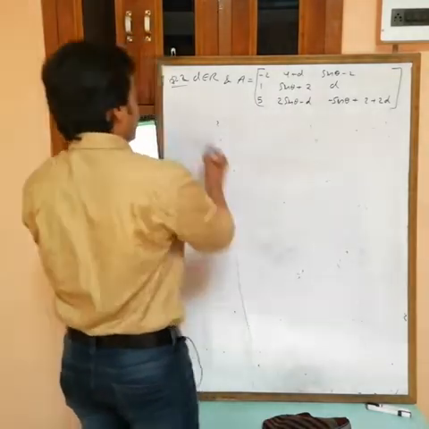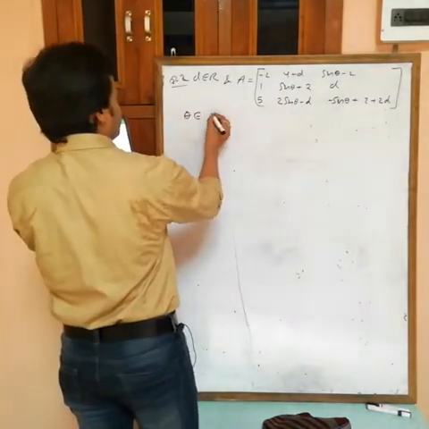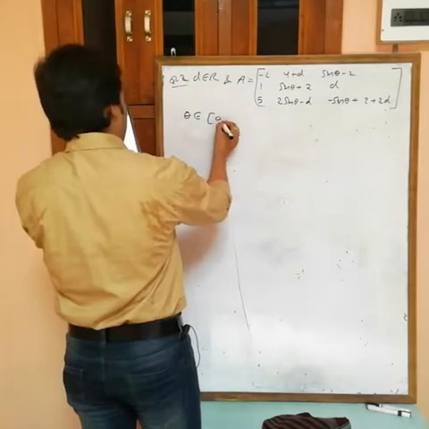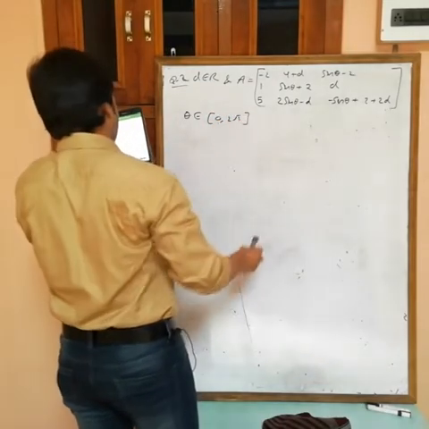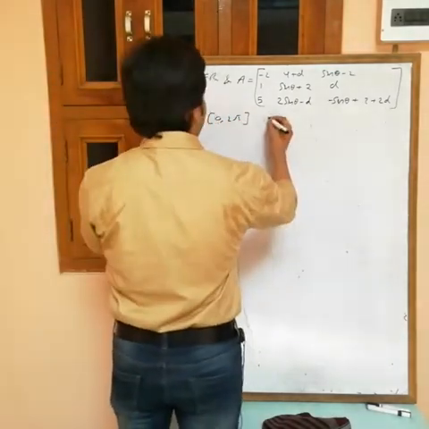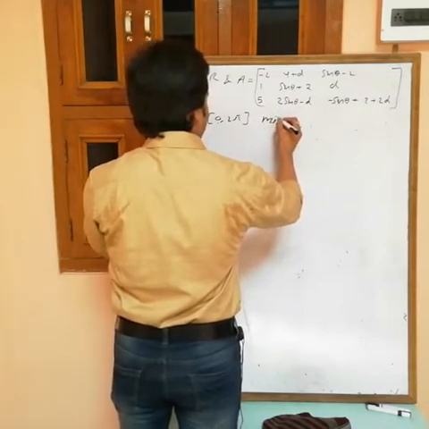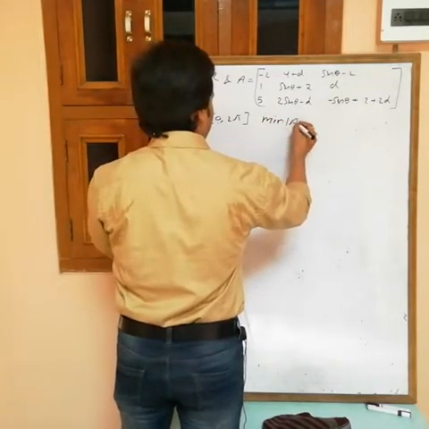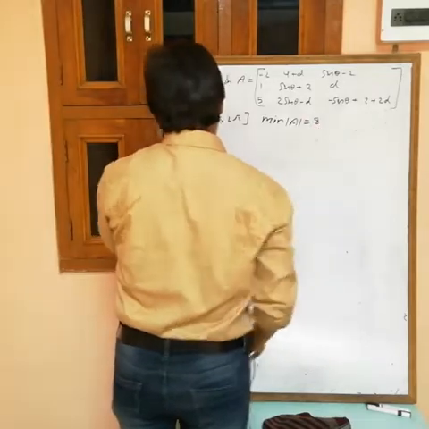Now it is given that theta belongs to [0, 2 pi], and it is given that the minimum of det A is equal to 8.